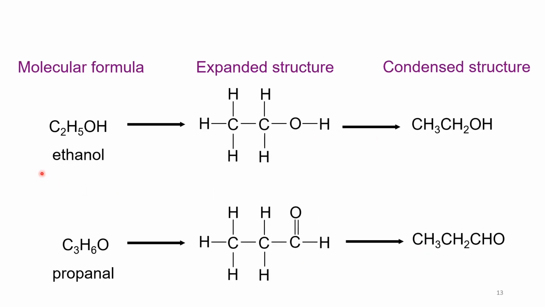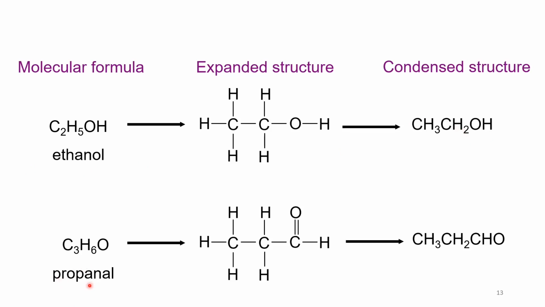Okay, so the next example is ethanol with C2H5OH. So from the expanded structure, now we convert into condensed. Alright, so CH3, and then this is CH2, and then OH. Alright, so this is the condensed structure for ethanol.